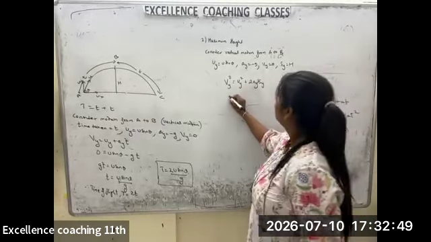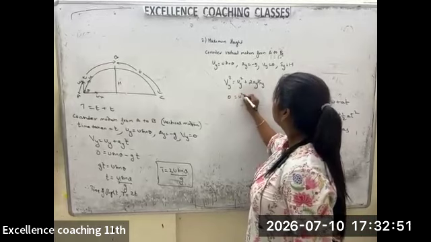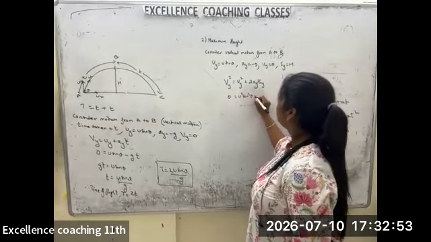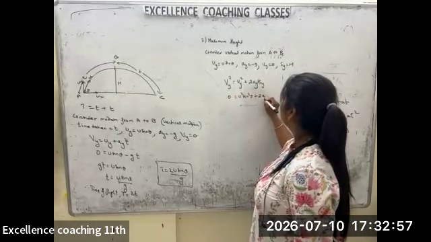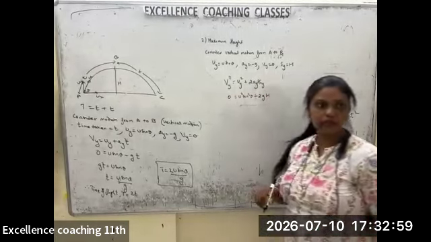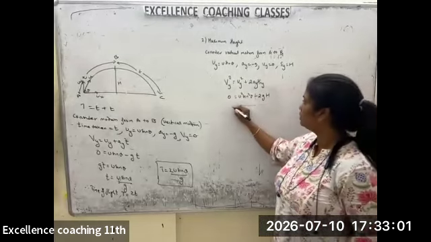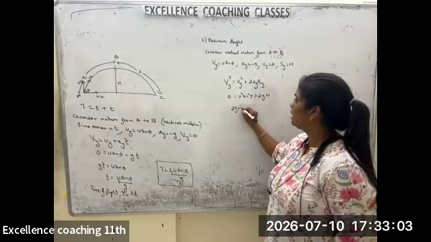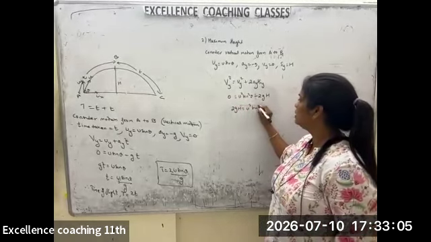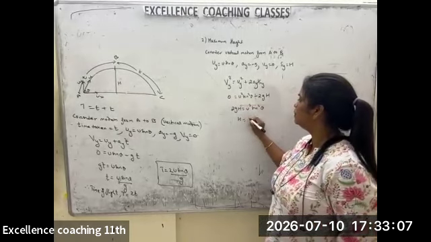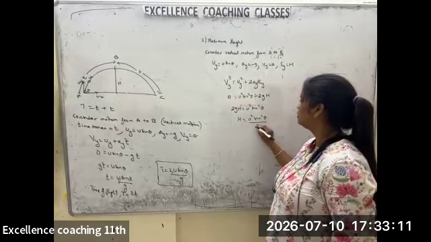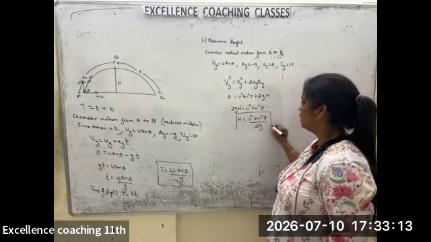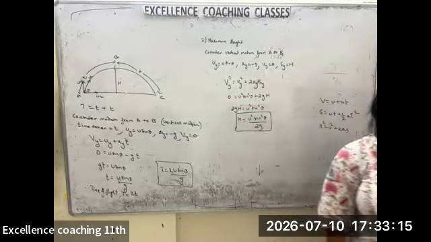Substitute 0, u square sin square theta. This will be minus 2gh. Now to find h, I'll take it on the other side. So 2gh is equal to u square sin square theta. So h will be u square sin square theta upon 2g. So this is the formula for maximum height.